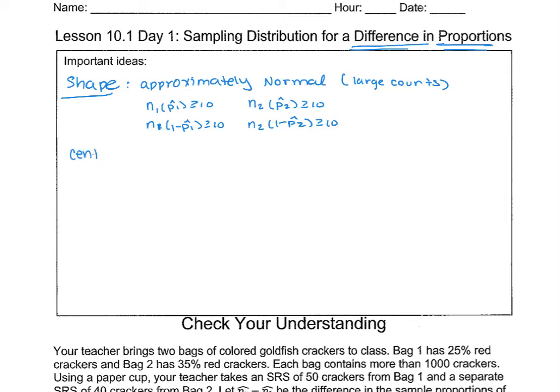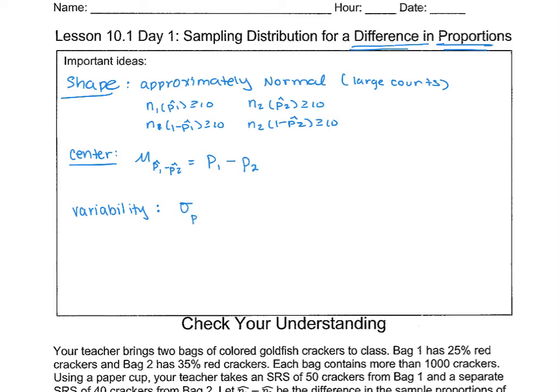The center, the mean of a sampling distribution, is always going to equal the population parameter. So the mean of the sampling distribution of the difference in proportions is equal to p1 minus p2. And you want to make sure you have random selection for that, but we won't focus on that right now. And the variability, in this case, we're going to use standard deviation.